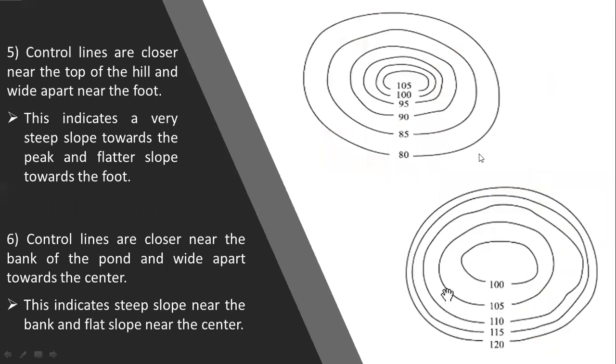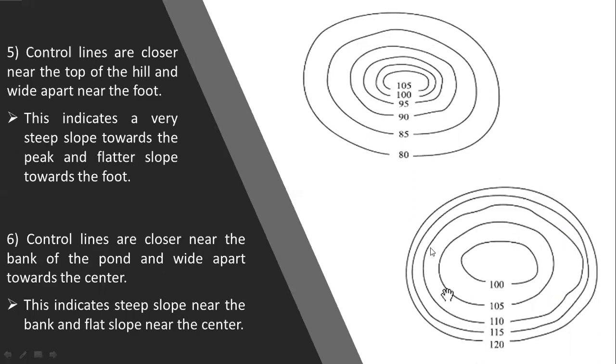The next is contour lines are closer near the top of the hill and wide apart near the foot. So it is a hill, 105 meaning a higher value inside the contour. This indicates a very steep slope towards the peak and a flatter slope towards the foot. This figure indicates a hill and this one a valley.